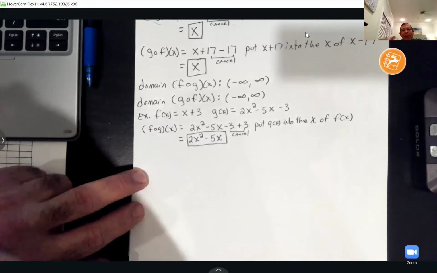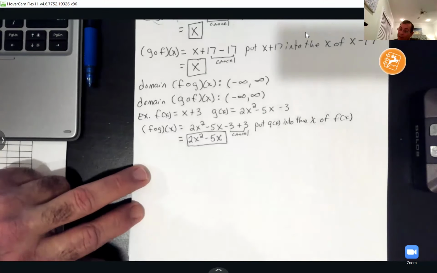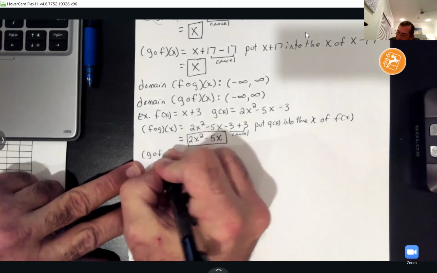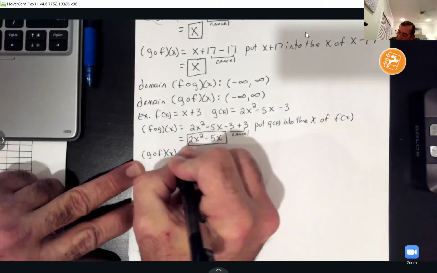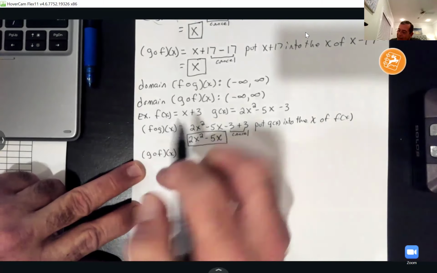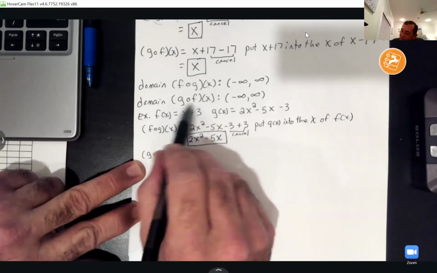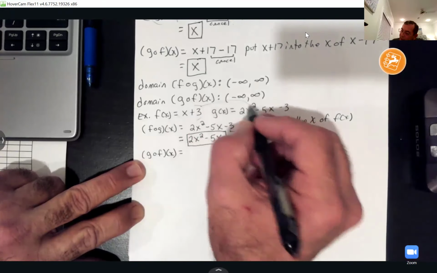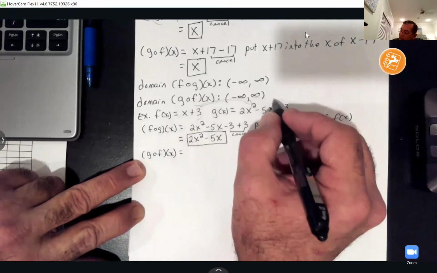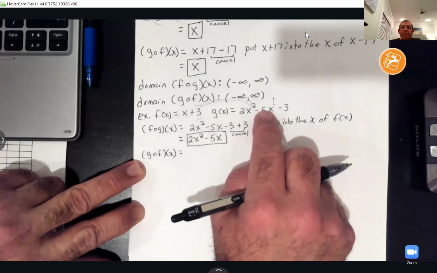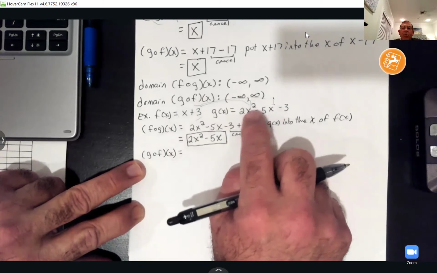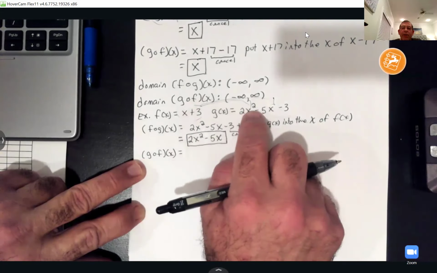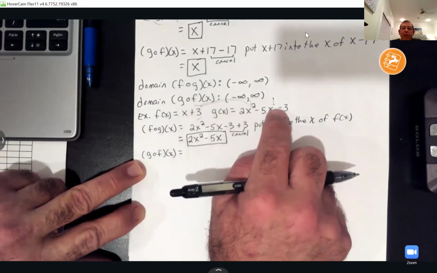All right, so then we go the other way, and y'all, we're going to have fun on this other way. G of f of x. This time, since they didn't give me a number for f of x, this f of x has to go into the x's of the g. But y'all look, g's got 2 x's. So we're going to put an x plus 3 here and square it, and then an x plus 3 there.